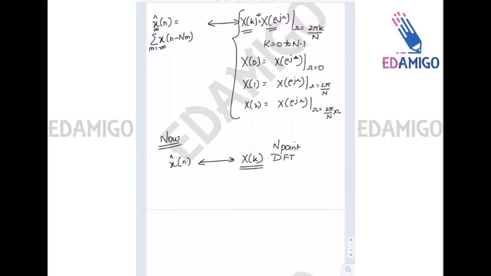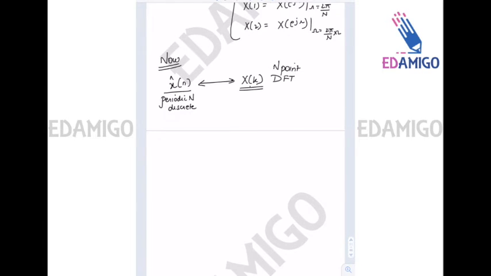So we started with x[n], which gives DTFT X(e^{jσ}). We sampled it by taking N samples in one period and get the N-point DFT, capital X[k], but capital X[k] does not correspond to x[n]. Rather, capital X[k] corresponds to x̂[n], which is periodic with period capital N and discrete.